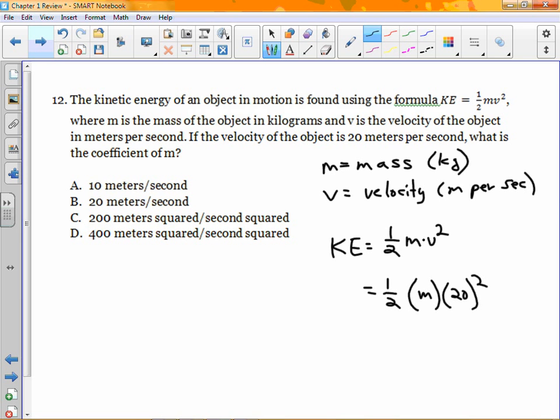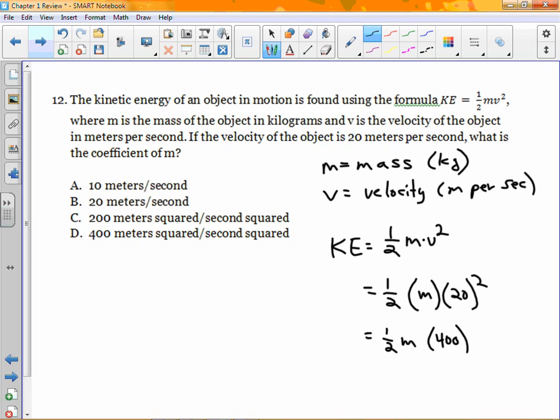So now, what comes first? Taking half of m, or 20 squared. What did your dear Aunt Sally tell you to do first? You've got to do that power first, so that gives you 400.